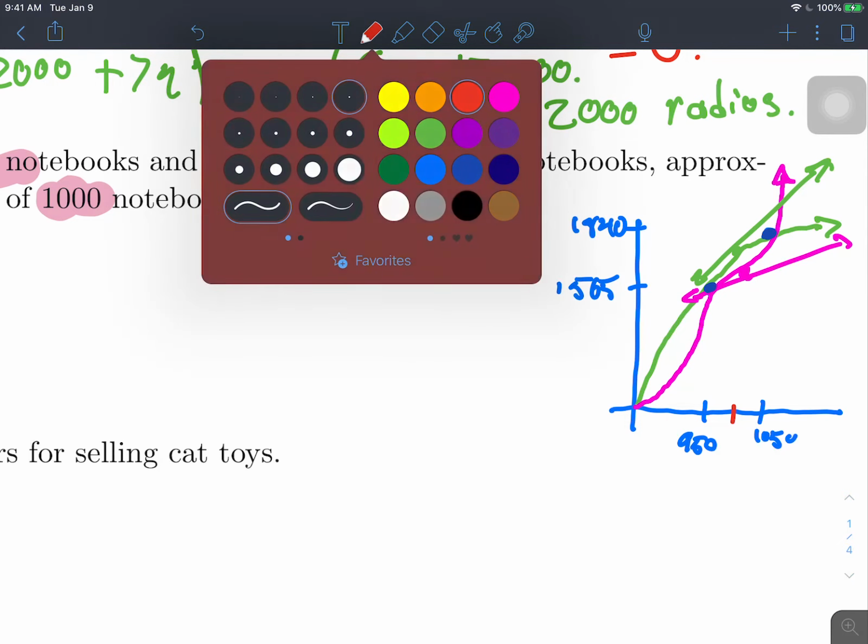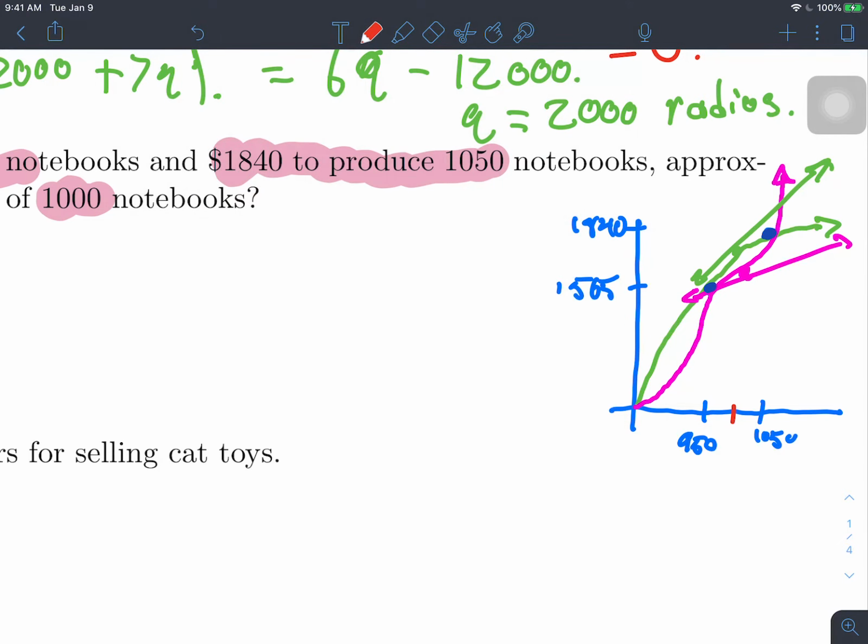And so our estimation is going to say, well, if we take the slope of the path which goes through these 2 points, it will be not too different from the slope of the green line or the pink line. That is the intuition that's going on here. Okay, we did a little bit of this when we talked about instantaneous rate of change for the first time. We can estimate it if we have kind of data nearby.